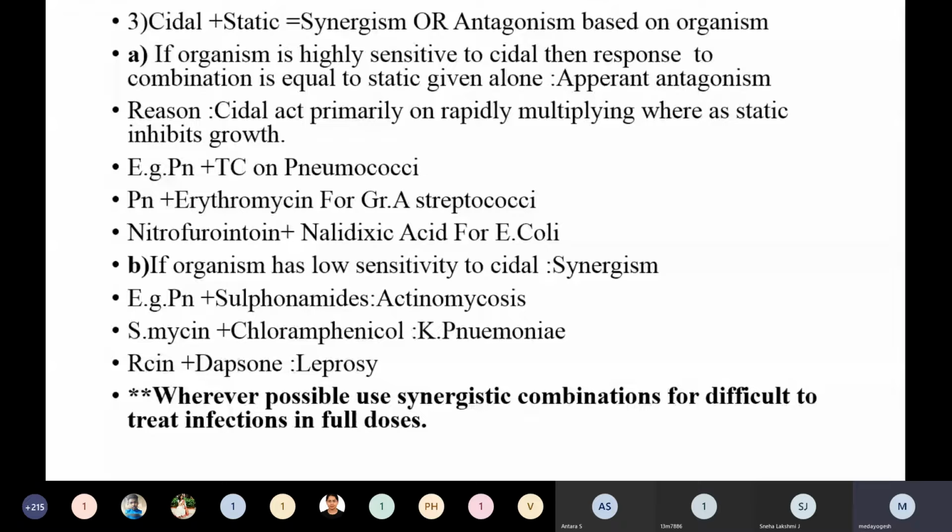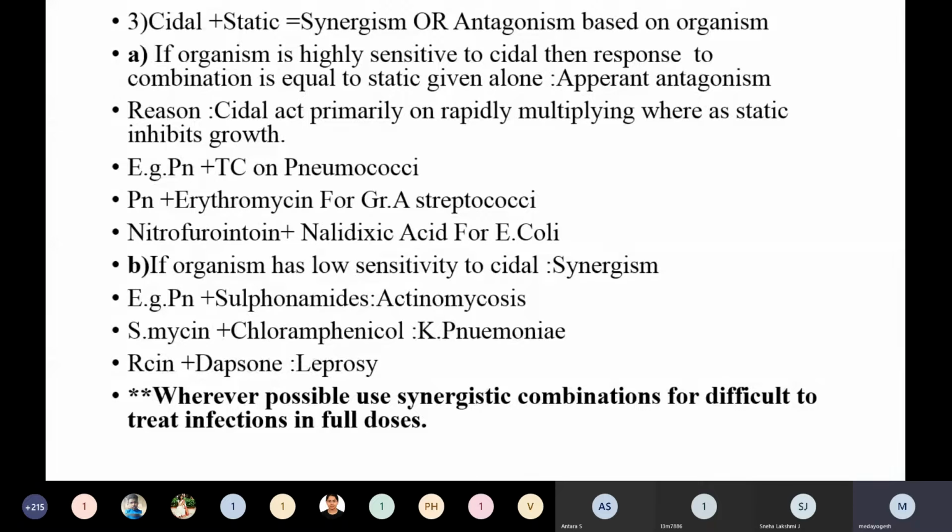As we know, static drugs inhibit growth or multiplication, whereas the cidal drugs act primarily on rapidly multiplying organisms. So when you combine static with cidal, you get antagonism. Your cidal drug will not be effective as the static drug is inhibiting the growth.